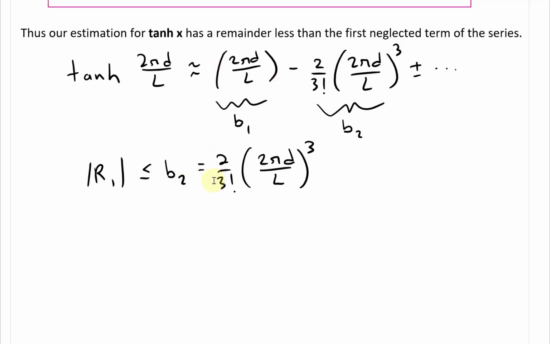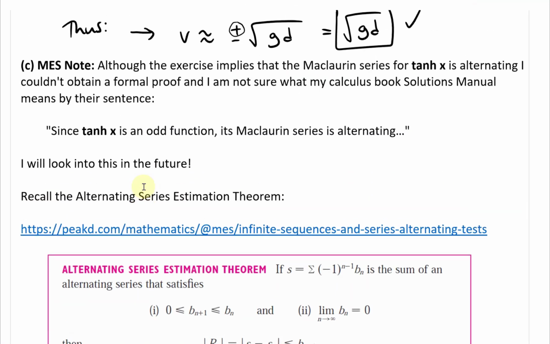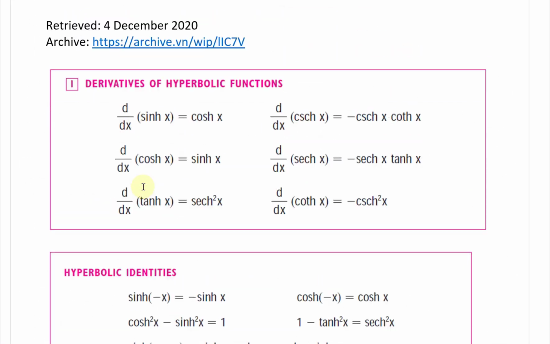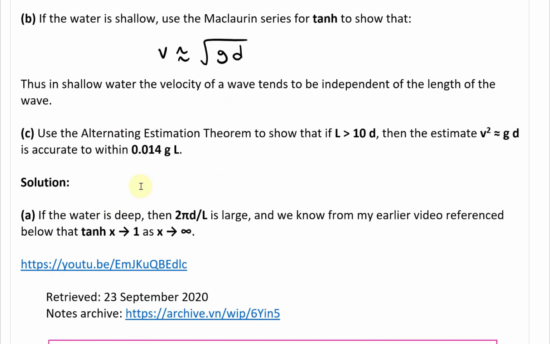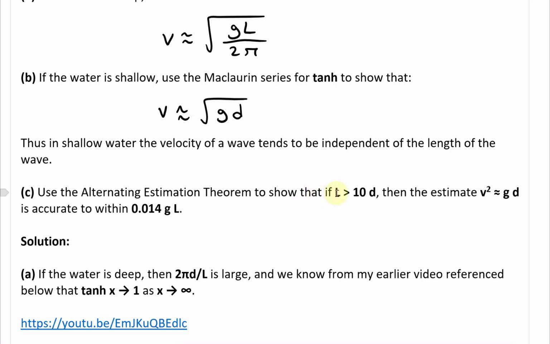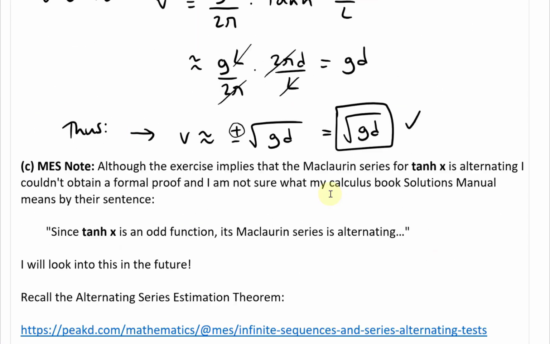Now that we have this, the next step is part C, which says to show that if L is greater than 10 times D, then this estimate is accurate within 0.14. So we're going to put this term in there. Let's see what we get.